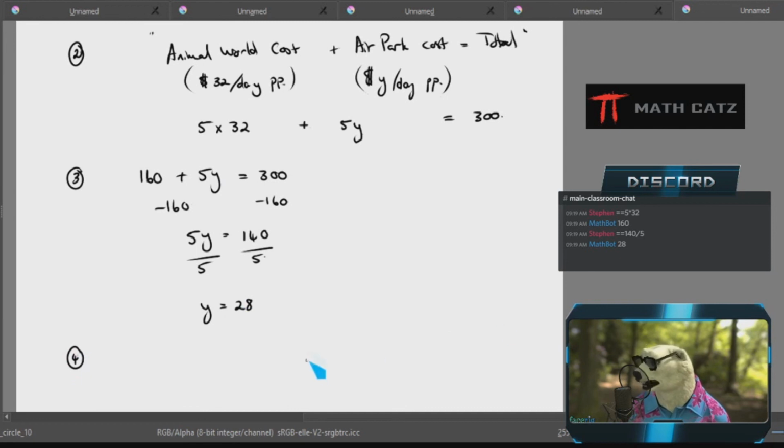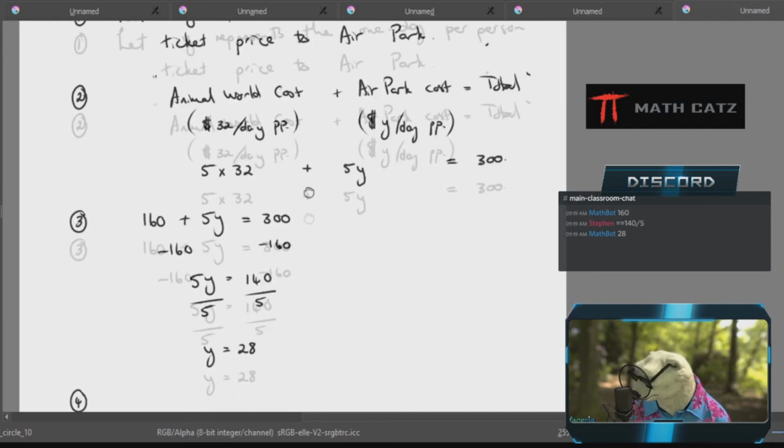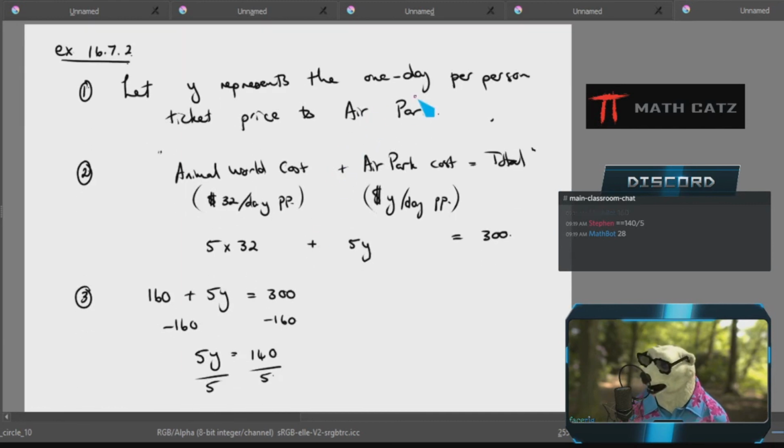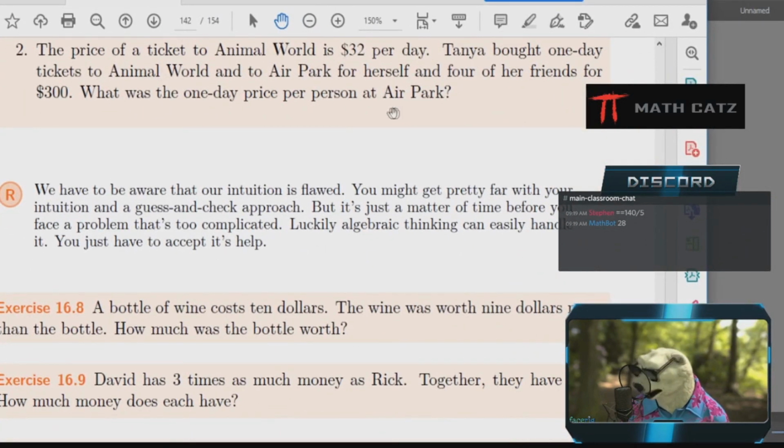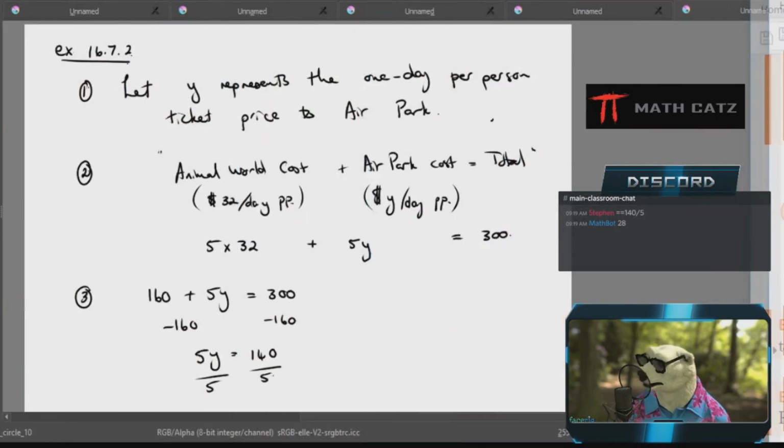Okay, I want to say what is the y, right? y is the exact price to Air Park, one ticket price. Is that what I need to have as an answer? What is the one-day price per person at Air Park? Okay, perfect. So my variable value is exactly what the question wants.